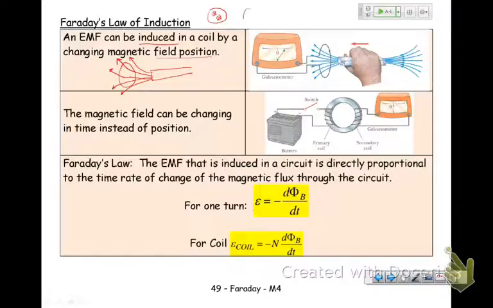And then as the magnet gets closer, there are more flux lines going through it. So whenever I increase or decrease the number of flux lines going through a coil, the coil responds. The loop of wire responds.